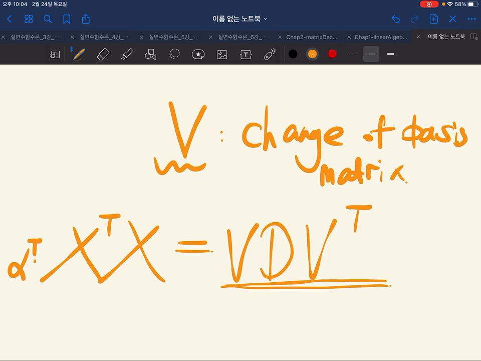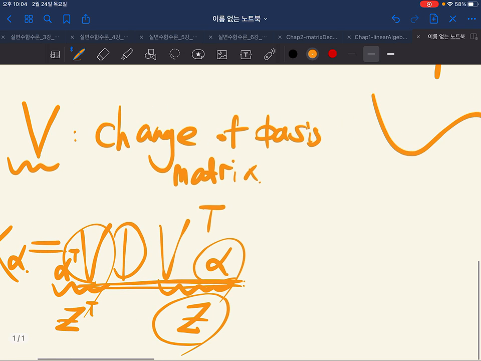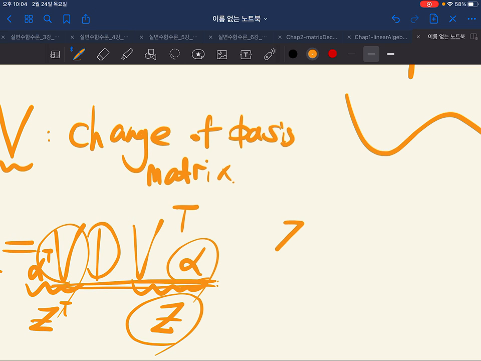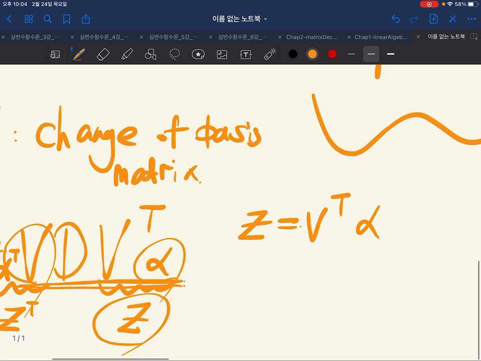So like this, alpha transpose alpha, and this can be understood as Z transpose, and this can be understood as Z. So here, Z expresses the same vector alpha, but in terms of the basis of orthonormal eigenvectors of V. So a vector Z is expressed as V transpose alpha, but in this case we're talking about a vector of p by 1.